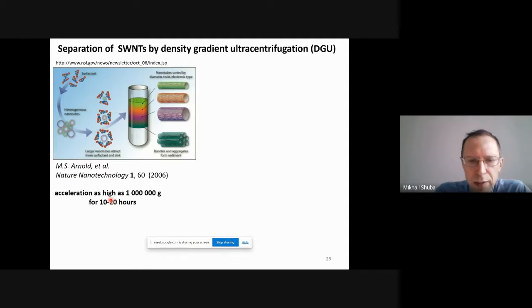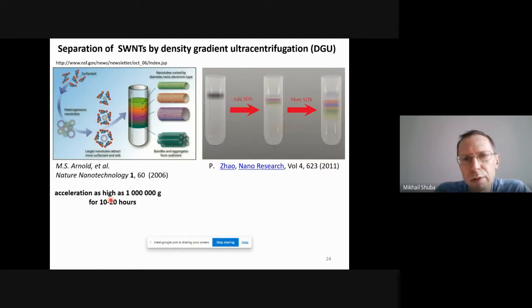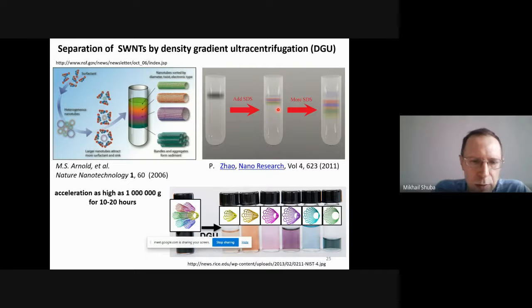As a result, carbon nanotubes are distributed in the gradient of density concentration, and a carbon nanotube suspension with specific chirality has a specific color. So you can see here.